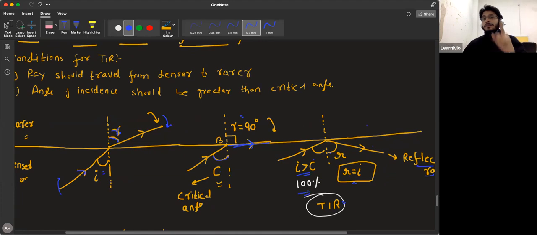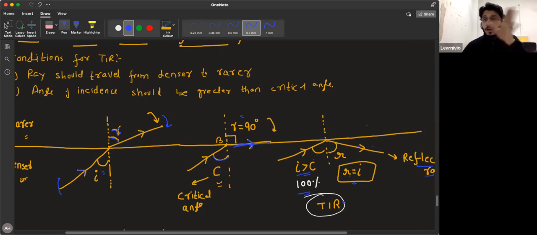And TIR is 100%, which means if you send millions of rays where angle I is greater than C, then all rays will reflect back. But in normal reflection, it's not 100%. If you take a mirror, then the mirror will not reflect 100% of the light. Only some 40, 50, 70% of the light can get reflected. A mirror also lets the light pass through it.